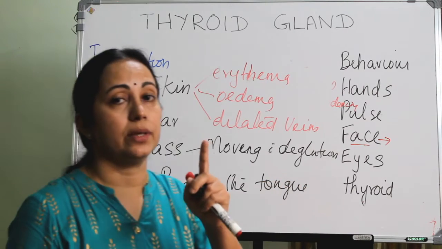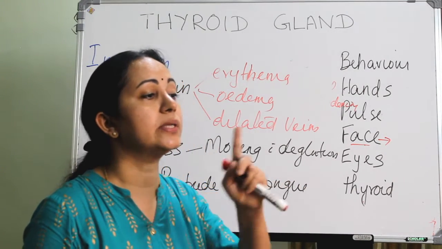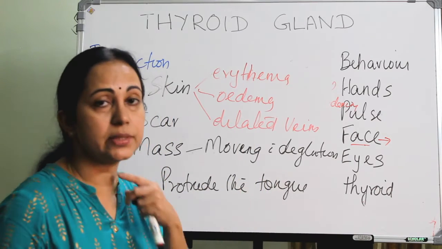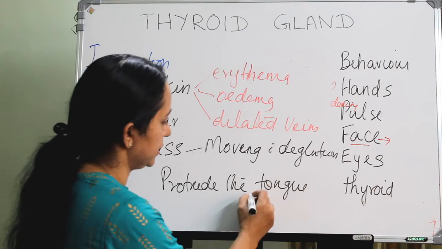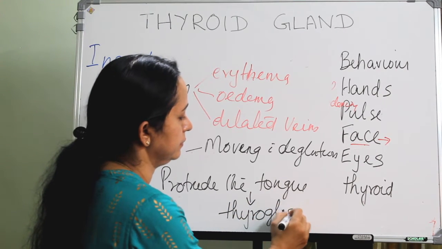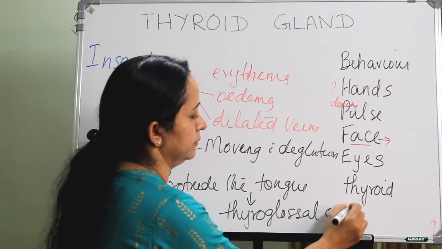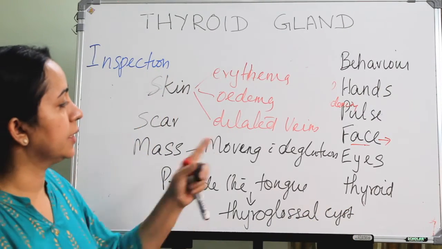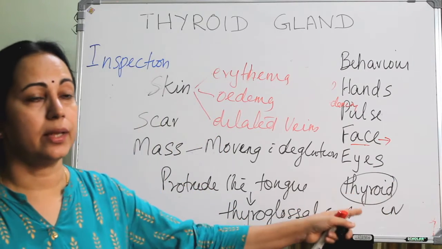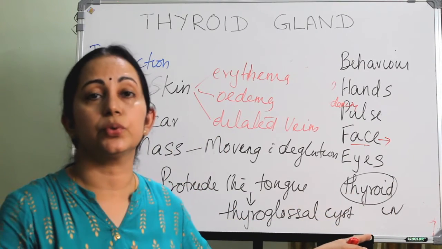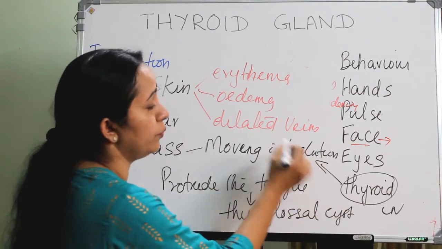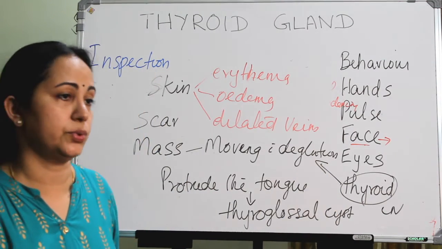If the mass moves upward on protruding the tongue, it is not thyroid; it is a thyroglossal cyst. If it is not moving with protrusion of the tongue, it can be either thyroid or a lymph node. Thyroid and lymph nodes will not move with protrusion of the tongue, and thyroid will move with deglutition.